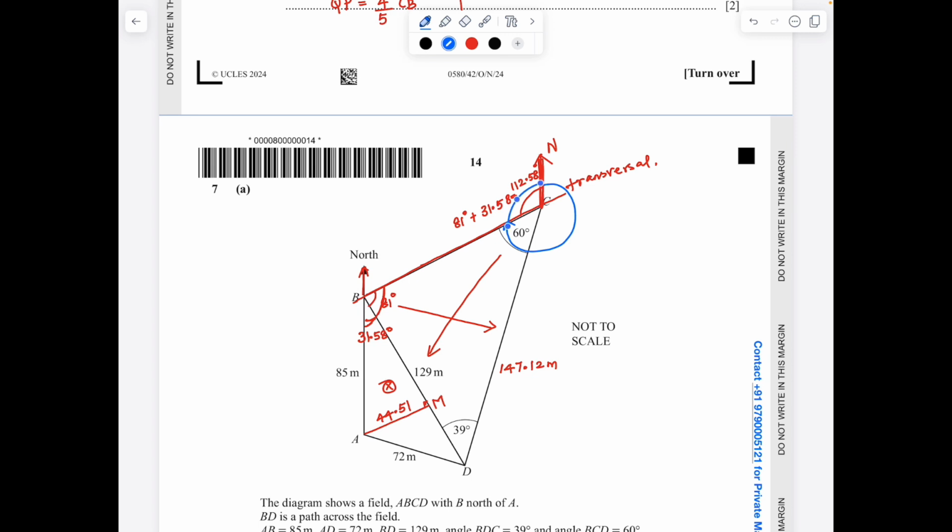From this entire angle 360, let's remove this 112.58, which gives us 360 minus 112.58, which is 247.42 degrees.